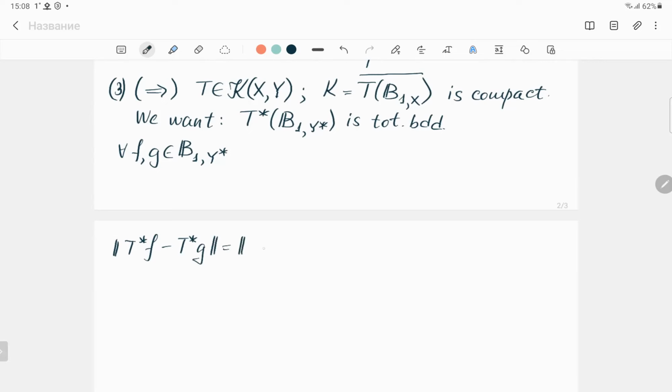So T star of f is just the composition of f and T, and this is the composition of g and T. And by the definition of the operator norm, this is the supremum over the unit ball of f of T of x minus g of T of x.